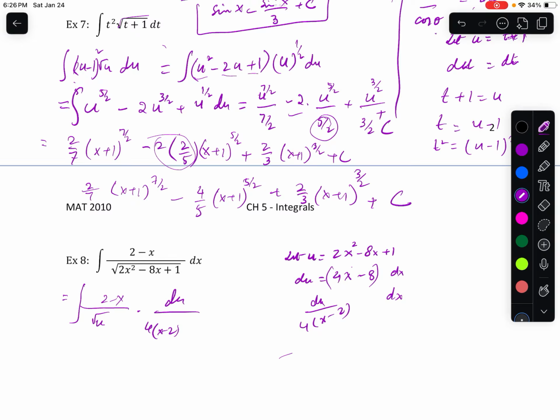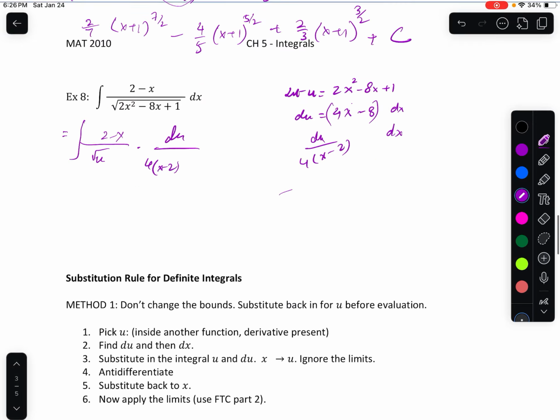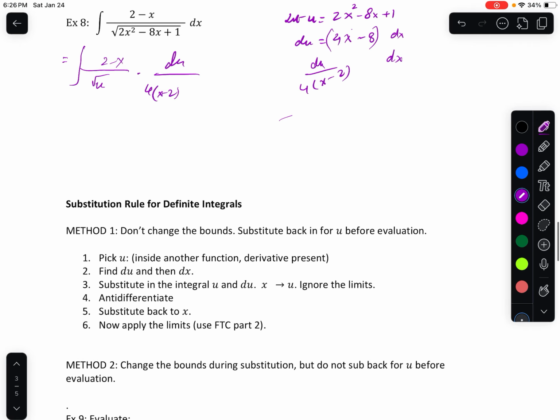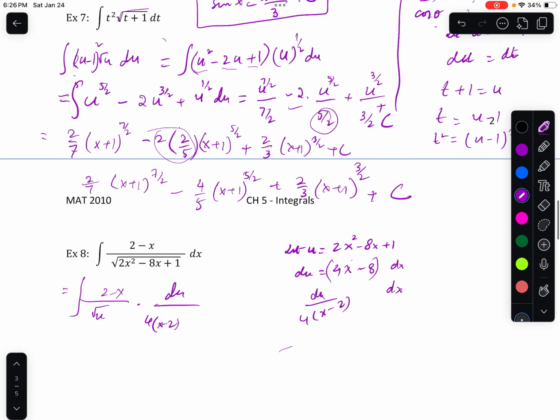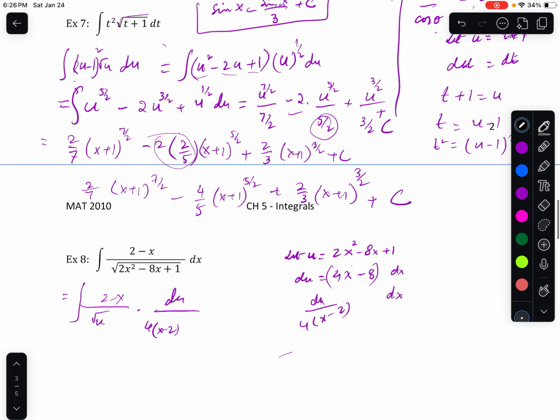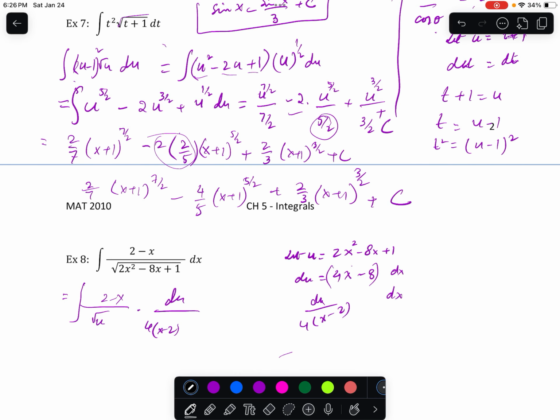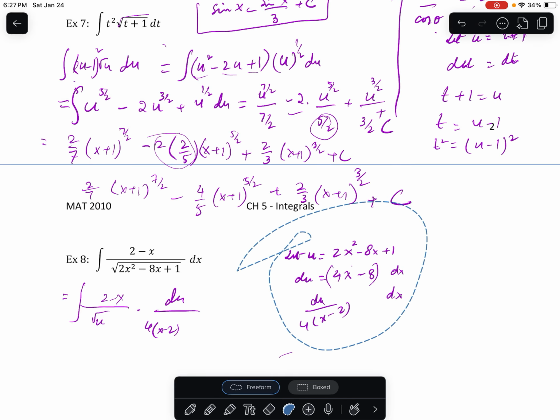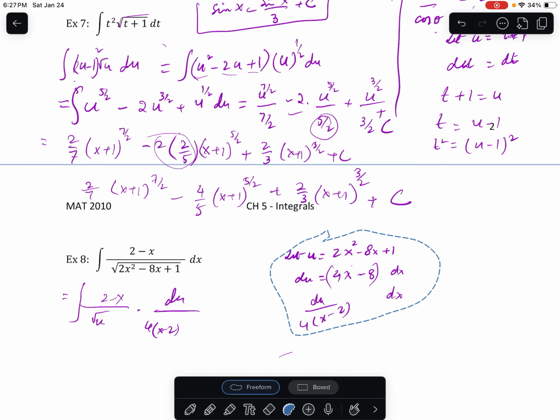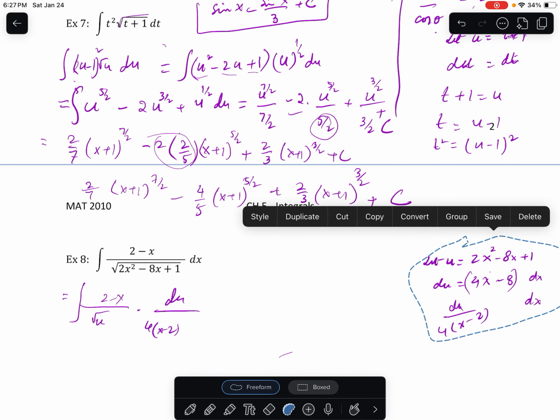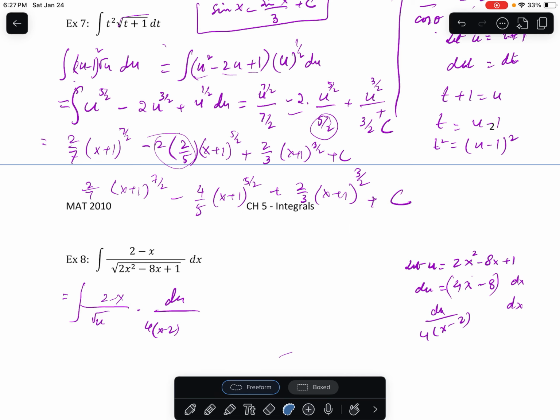So how would I do that now? I'm going to move this a little further so that we have space. Now this can be simplified.